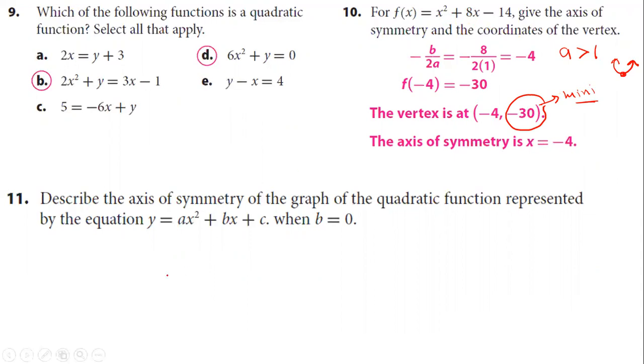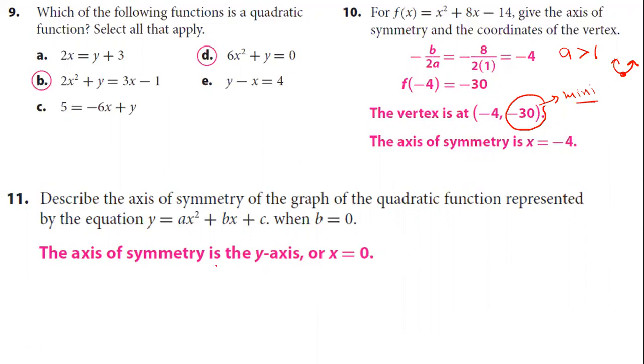Number 11. Describe the axis of symmetry of the graph of the quadratic function y equals ax squared plus bx plus c when b equals 0. b equals 0, so there is no x term. The axis of symmetry is the y-axis itself, or x equal 0.